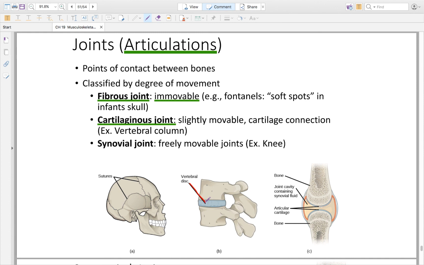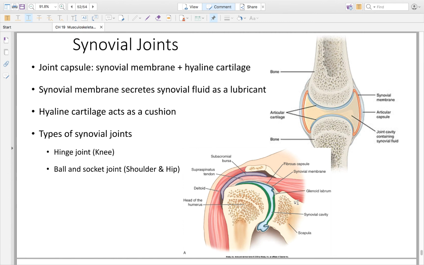Okay, now the other things that are freely movable are called synovial joints. Your synovial joints, okay, are your shoulder, and your knee, your elbow, and they're called synovial joints because they have this synovial cavity. All right, synovial joints. Okay, let's talk about that in detail.